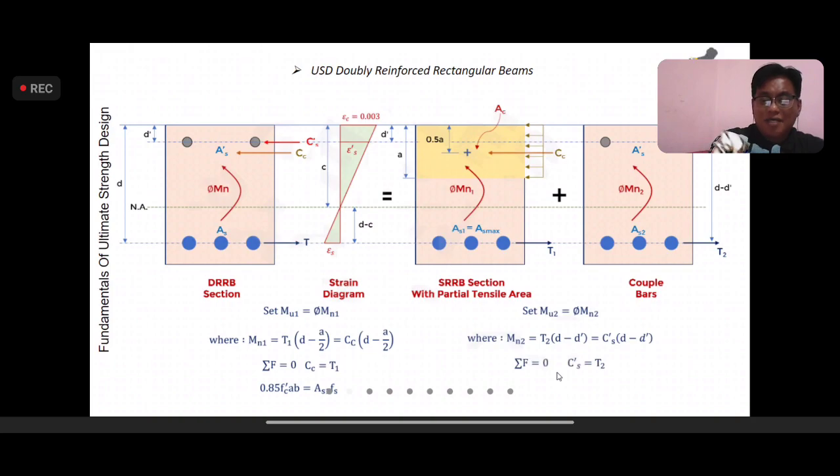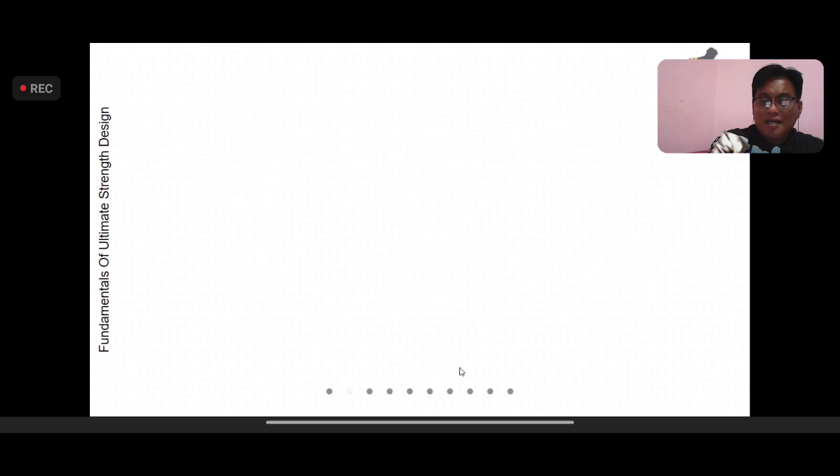We equate Cs prime and T2 based on this yielding setup. And then As prime, fs prime for the compression members will be equated to As2 fs. Then from there, we know this already, As is equal to As1 plus As2. Then we proceed with the design proper.